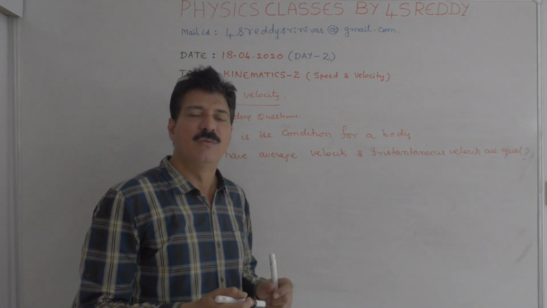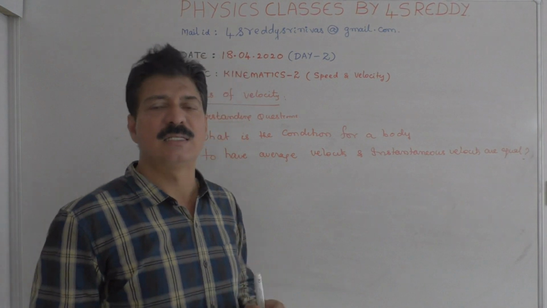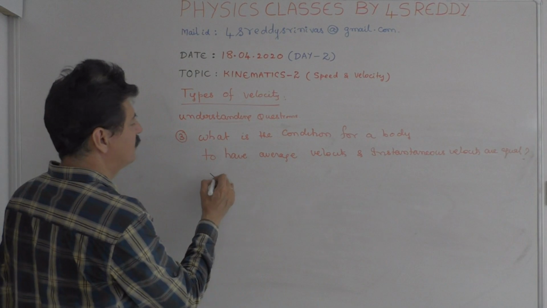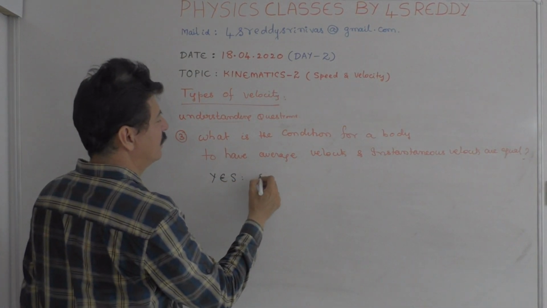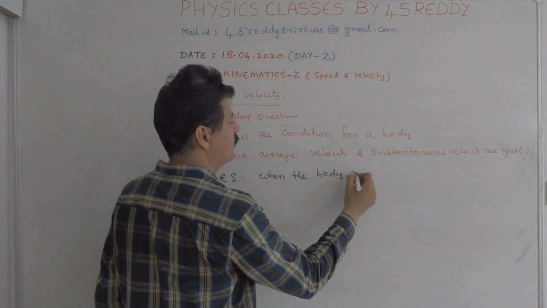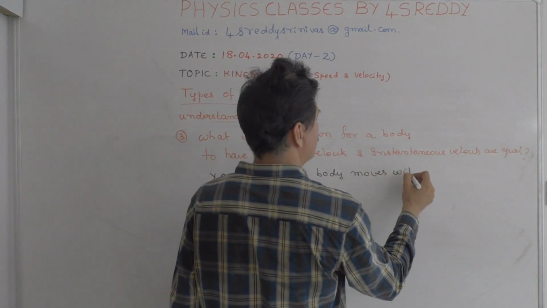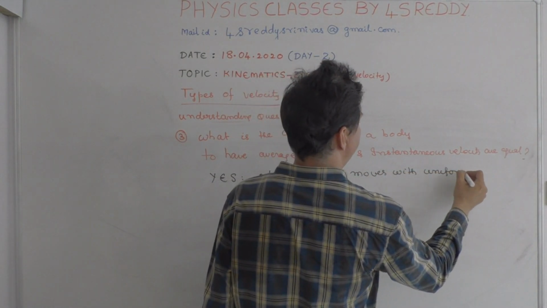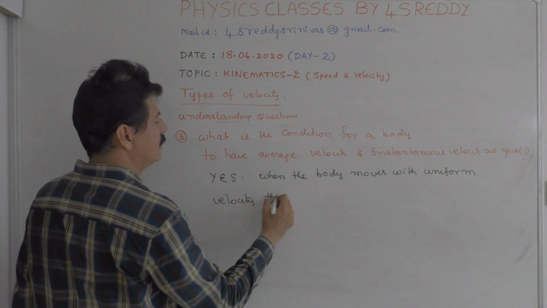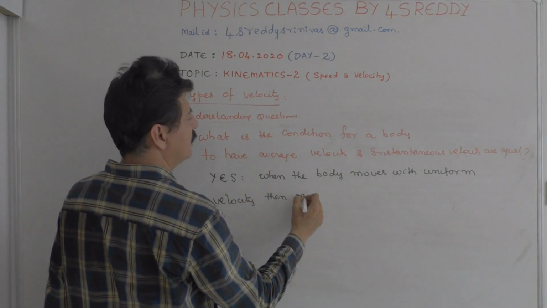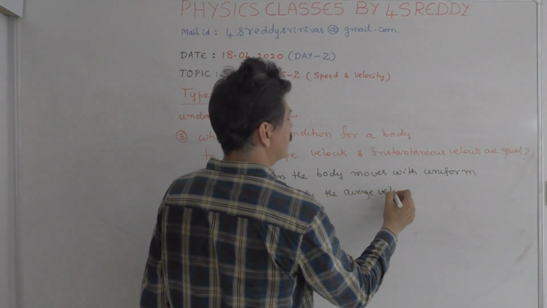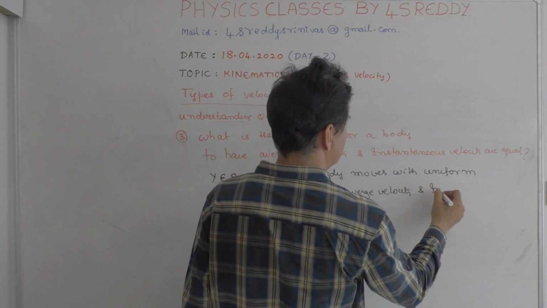The answer is: whenever the body moves with uniform velocity, the average velocity and instantaneous velocity are equal. So, when the body moves with uniform velocity, only then the average velocity and instantaneous velocity are the same.